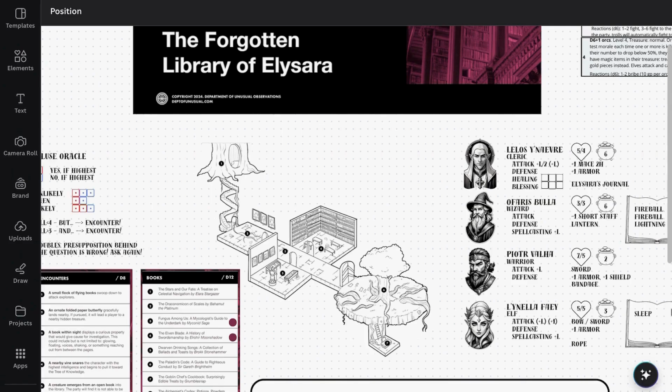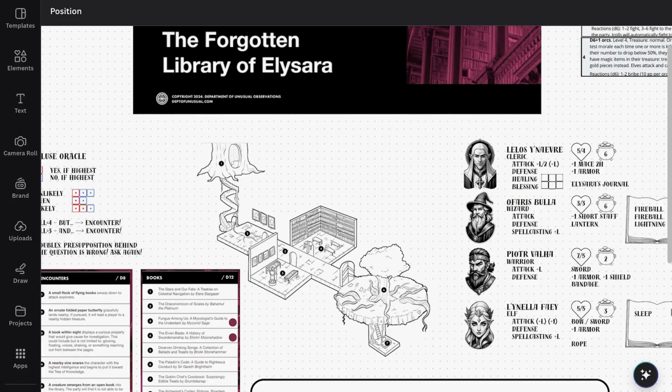Okay, so at first, as they entered the room, they've seen these pictures, they shushed each other not to speak loudly, and as they check the pictures, they can see this story of Elysara's journey. I think I won't roll for it because it's understandable.